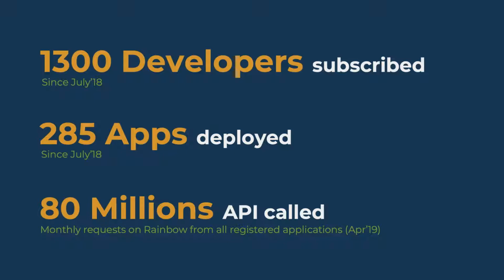And if we total all requests made by these applications, we are now above 80 million calls per month. I speak about chat messages sent, as well as all the administrative tasks done, such as provisioning users, creating bubbles, etc. So as you can see, our platform continues to grow rapidly month after month.